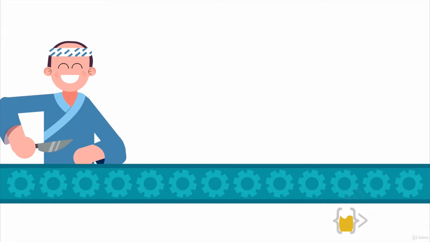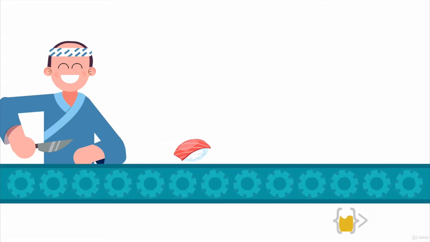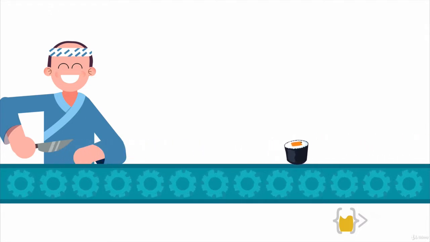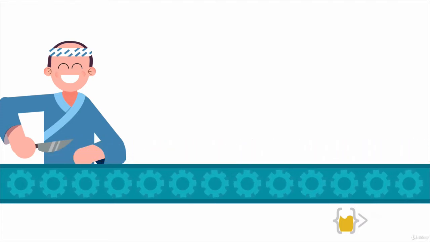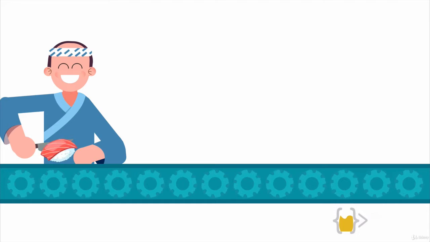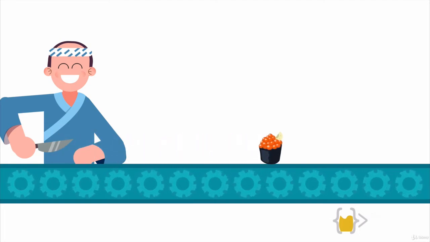So let's imagine you're in a conveyor belt sushi shop and the chef will make these dishes, and as he makes them, they get sent down the conveyor belt, and you sitting somewhere downstream of the conveyor belt will be able to pick up these pieces of sushi as he's making it.